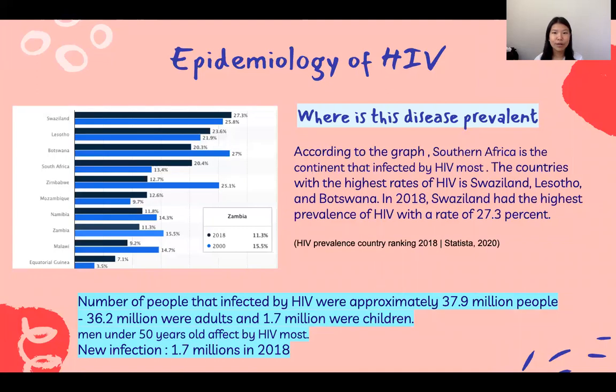The number of people infected by HIV is approximately 37.9%, of which 36.2% are adults and the rest are children. The most affected gender is men, around 50 years old. The new infection rate is around 1.7 million people from 280.